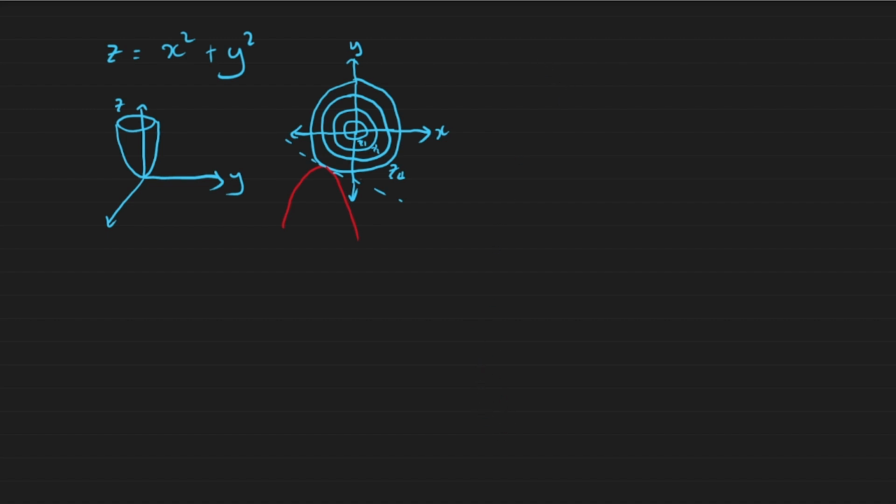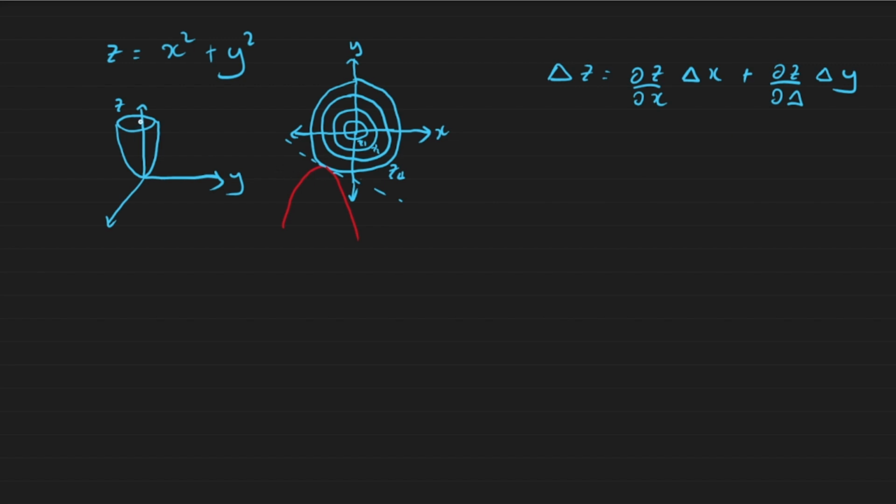The first step is to write our trusty differential for the function z. We saw in the previous videos that this was dz dx times delta x plus dz dy delta y. The first point that needs to be made is that this level curve corresponds to a constant value of z.